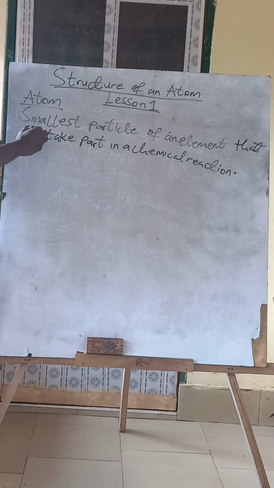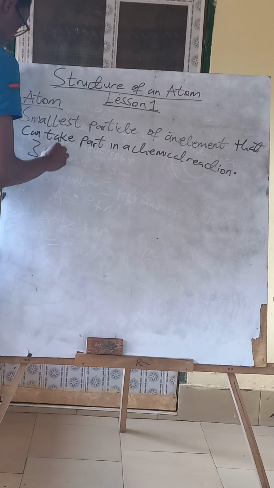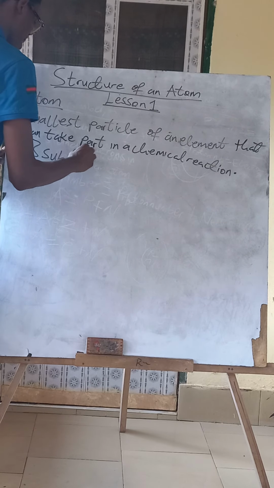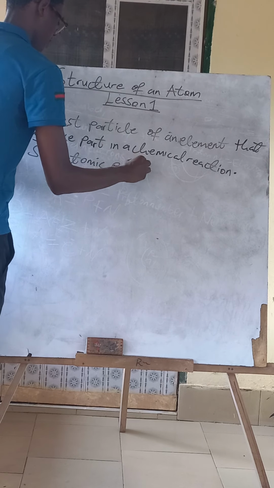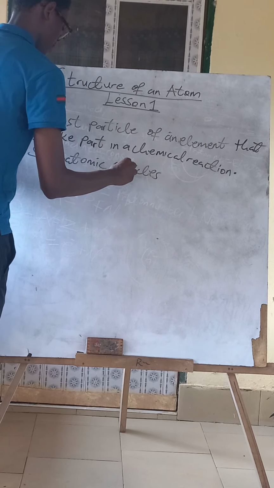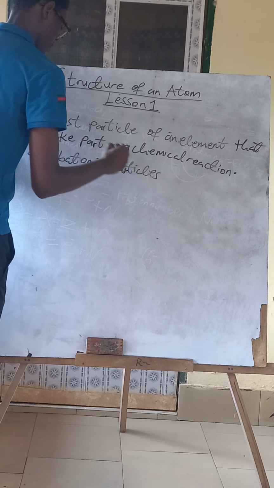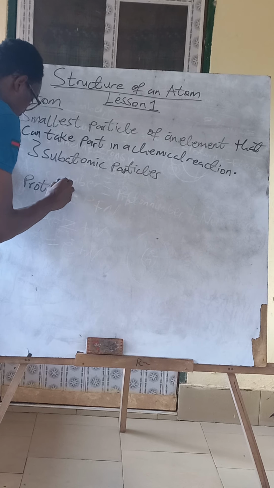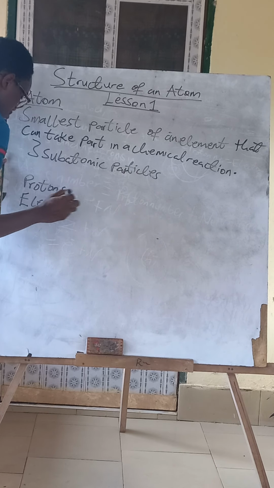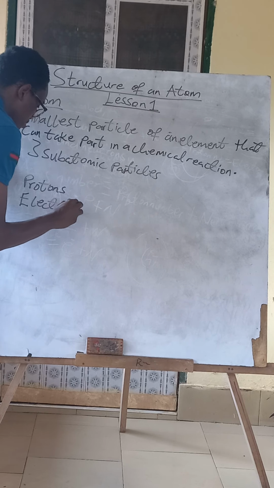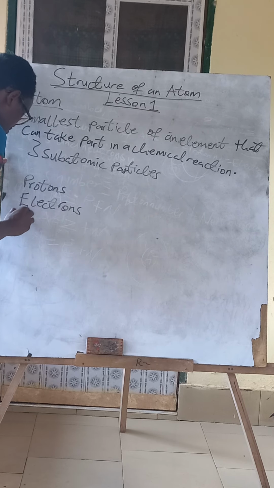An atom has 3 subatomic particles. They are protons, electrons, and neutrons.